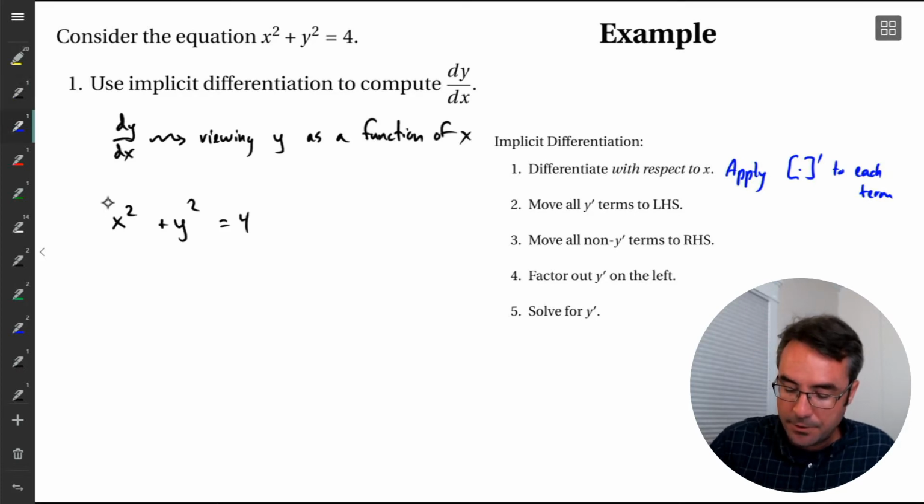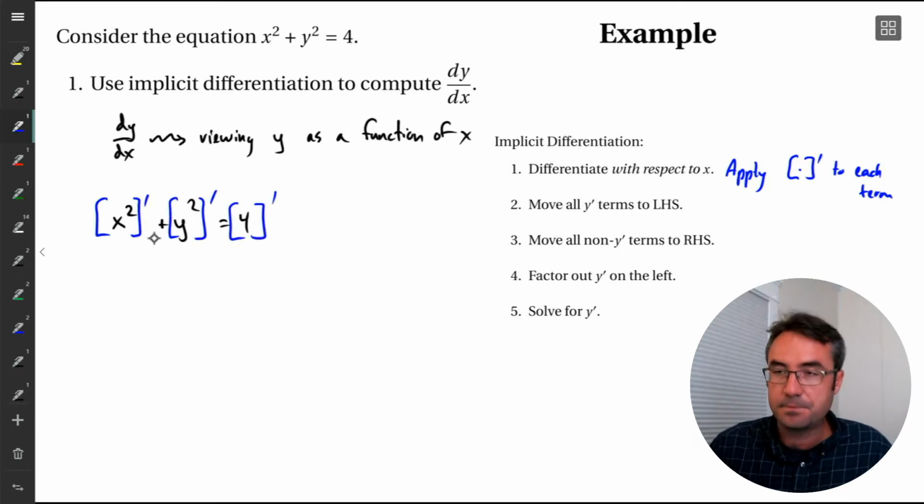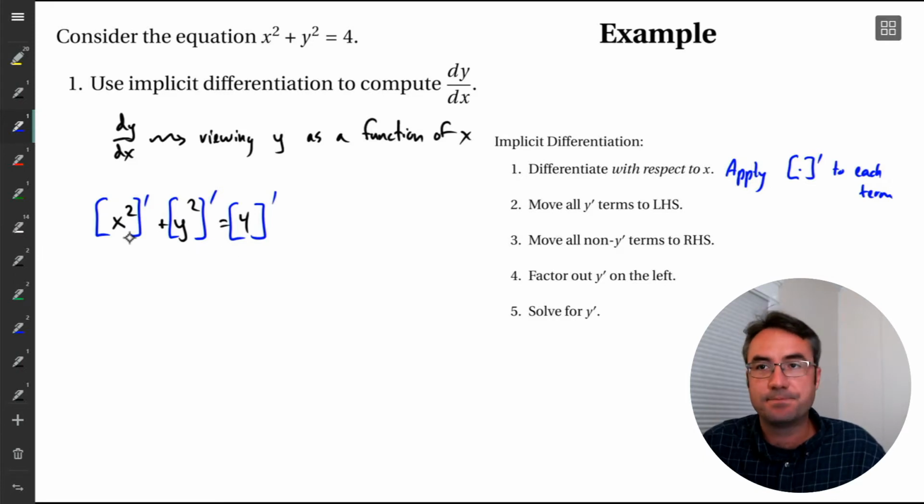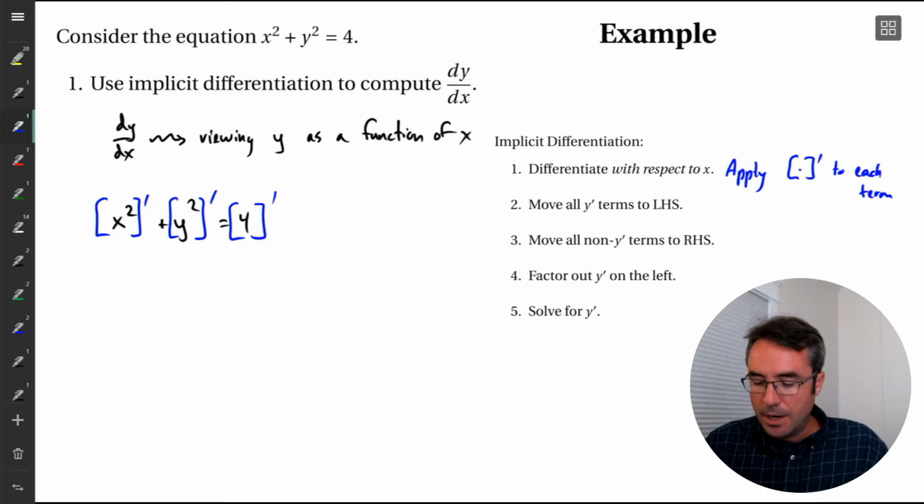And we're going to apply the derivative to each term in this equation, both sides of the equation, applying the derivative to everything. And we know from our derivative rules, where we see a plus sign here, we can split up that derivative process.